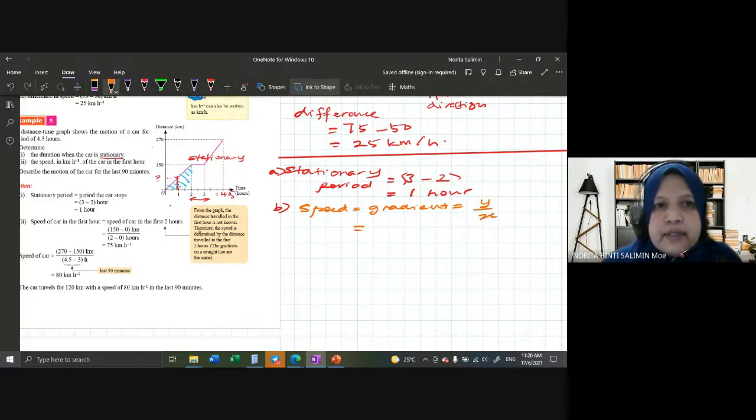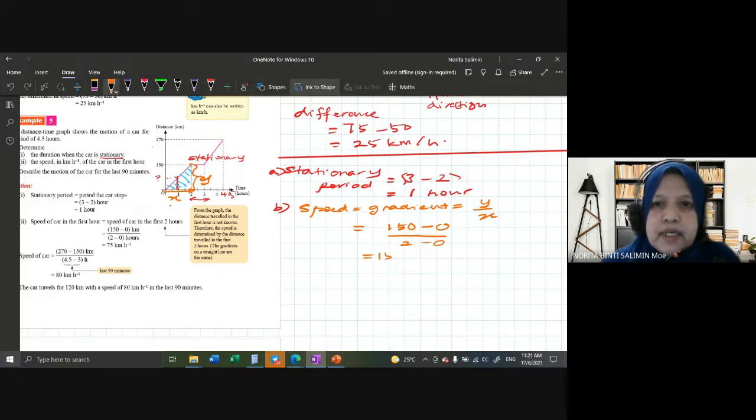What is the value for y? This is y, in kilometers, from here to here. 150 minus 0. And for x, from the triangle, what is the length of x? 2 minus 0.